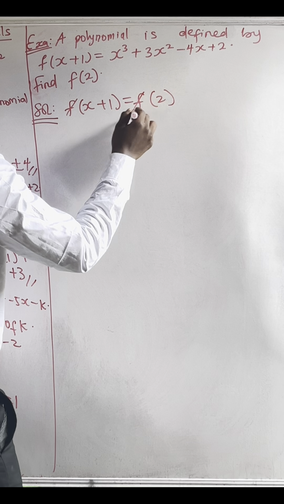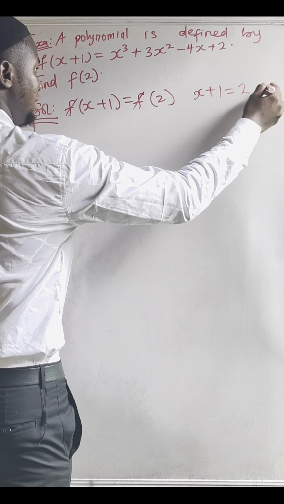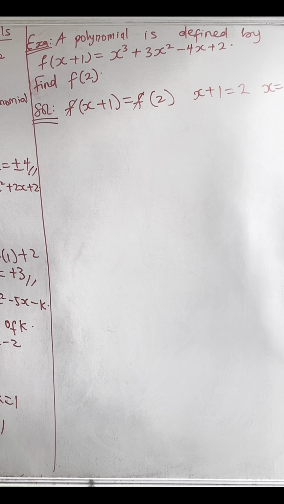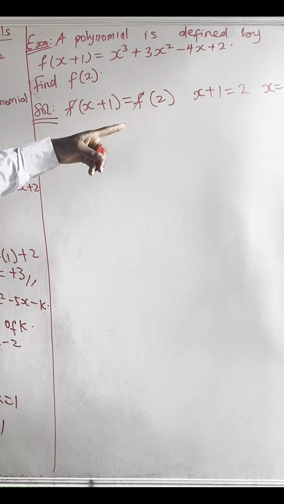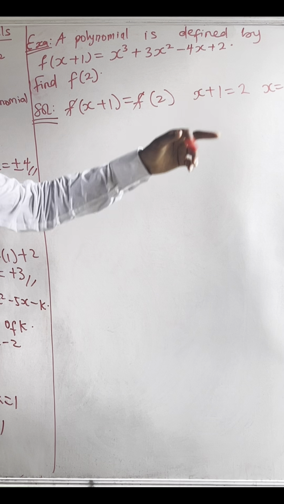This f cancels this f. This simply means that x plus 1 equals 2, then x is equal to 1. So the value for x will be equal to 1. In this case, the value of x is not equal to 2, because if I equate this with this, I get the value of x to be 1.